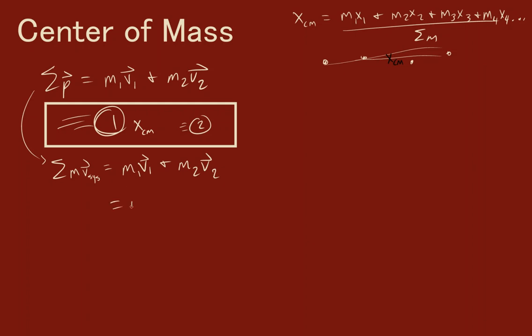So I can express the velocity as the rate the position changes. And so if we look here, I can divide both sides by the total mass.